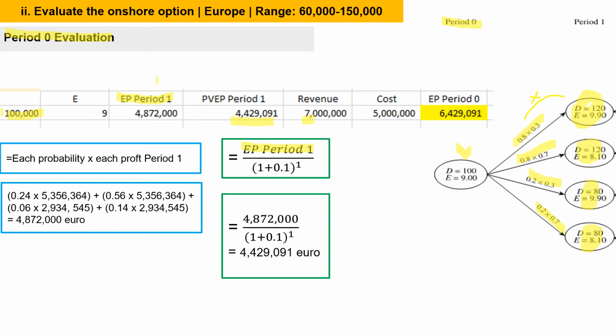And for the cost, also the same, fixed cost plus the variable cost times the demand here. And the expected profit in period 0 is the same, revenue minus the cost plus the PVEP. And we got the expected profit in period 0 is this number.